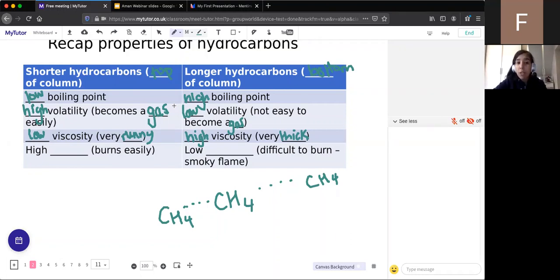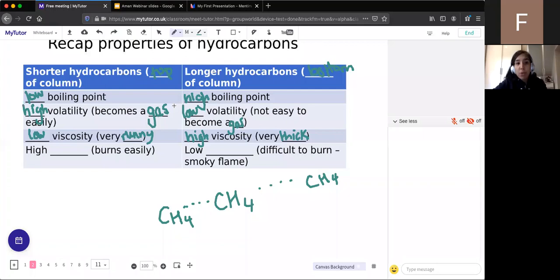So when you've got a low viscosity and shorter hydrocarbons, there's less bonding between the molecules, and that means that they can move a bit more freely. Whereas with the longer hydrocarbons, there's a lot more intermolecular forces there. They're a little bit more fixed, and that makes it harder for them to move. So it all comes down to the intermolecular forces, really.